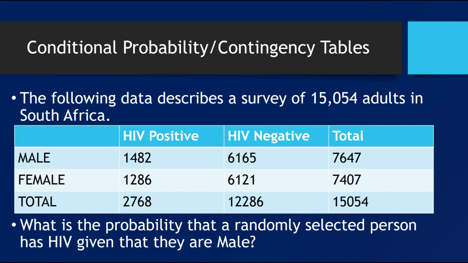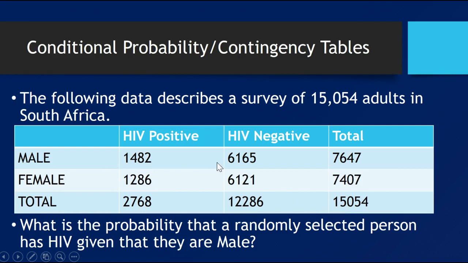So the first one we ask for is, what is the probability that a randomly selected person has HIV given that they're male? So in this case, we are already given that they're male. We're given that they come from this group. Now, if they come from this group, I don't have to make my denominator the 15,000 number again.